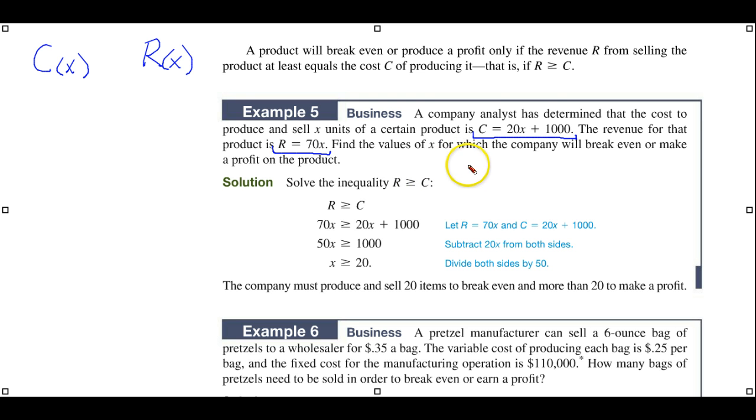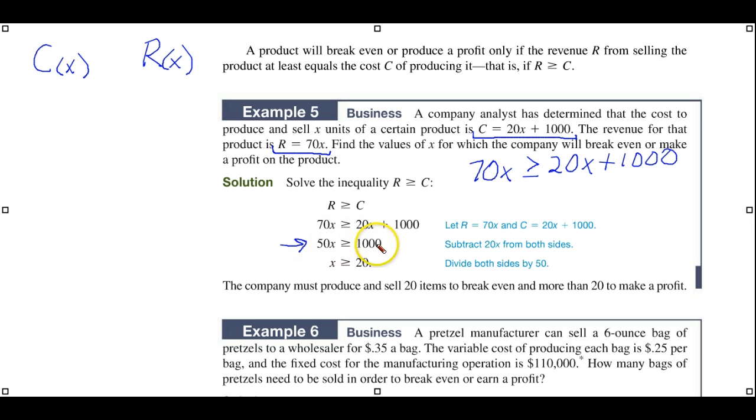We take our revenue, which is 70x, is greater than or equal to 20x plus 1,000. We're going to subtract 20x from both sides, and we get 50x.